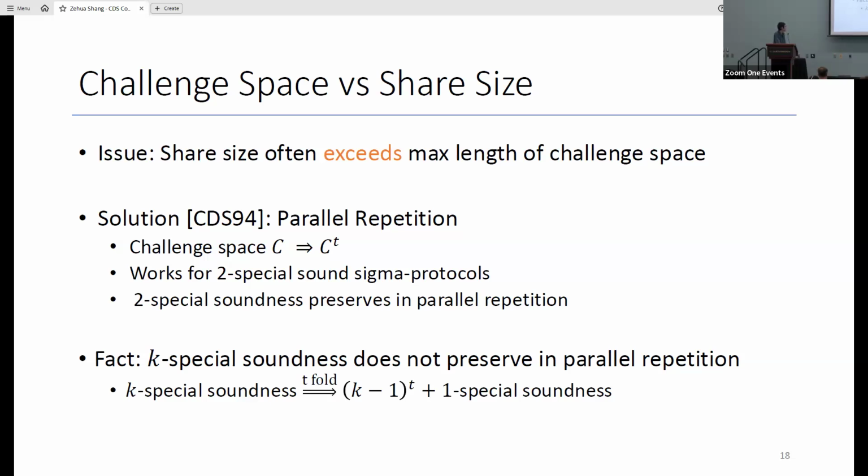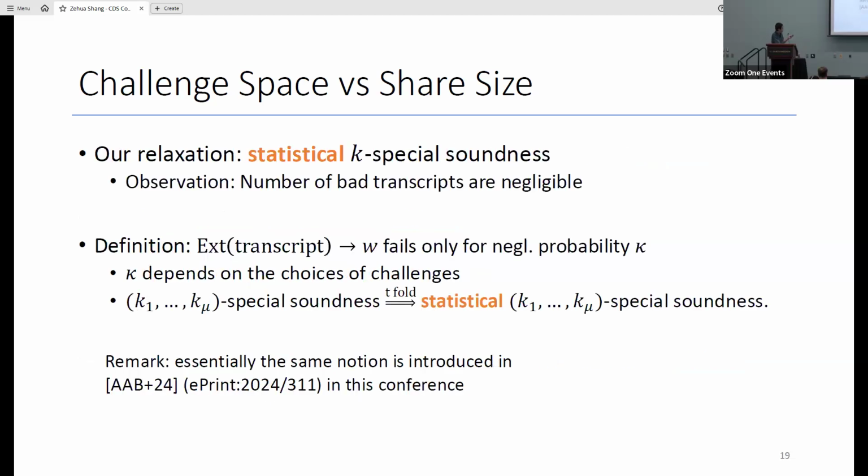After T parallel repetitions, your special soundness will become (k-1)^T + 1 special soundness, which is an exponential blow up.